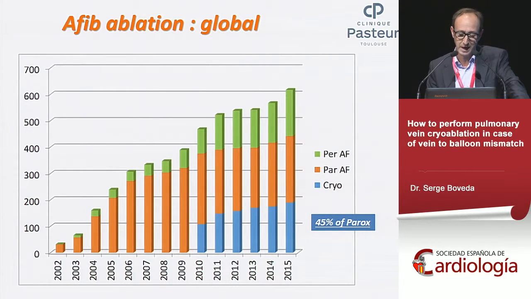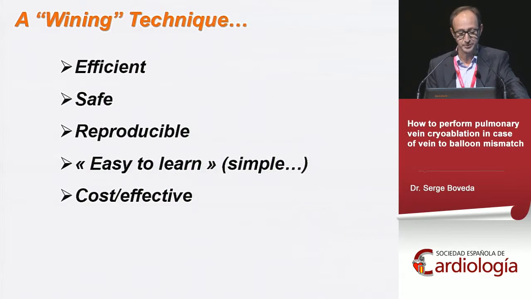But by earning a little bit of time, by treating paroxysmal, we can treat maybe more persistent atrial fibrillation. So we are doing radiofrequency every day, but we believe that cryo will also improve for the paroxysmal.